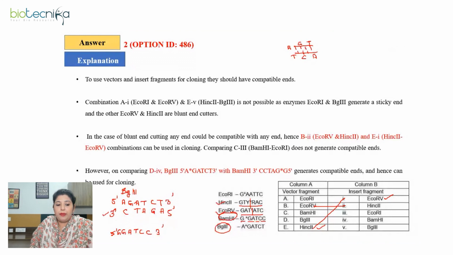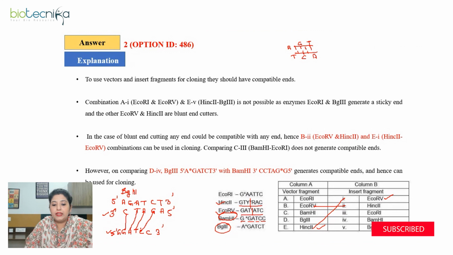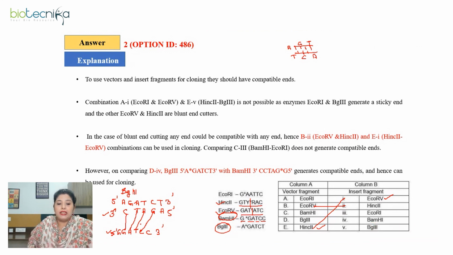So if I compare these two strands, right? So this one is compatible, this one is compatible, this one is compatible, and this one is compatible, right? So this means that these two, that is the D4 combination, can be used, because using these two enzymes, we can generate compatible ends.